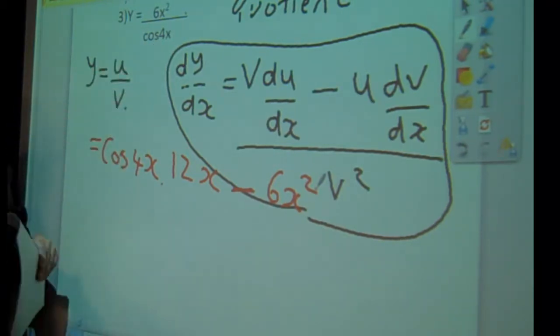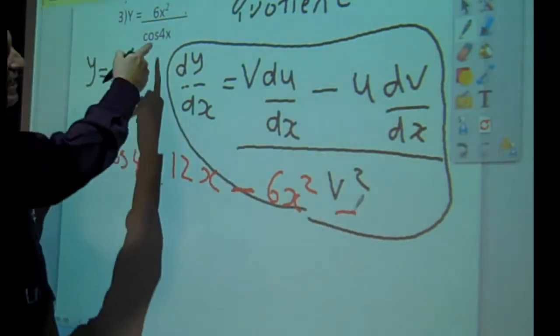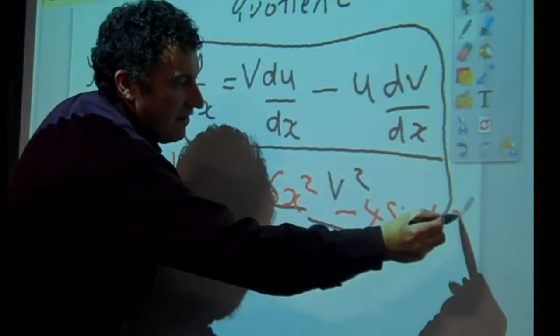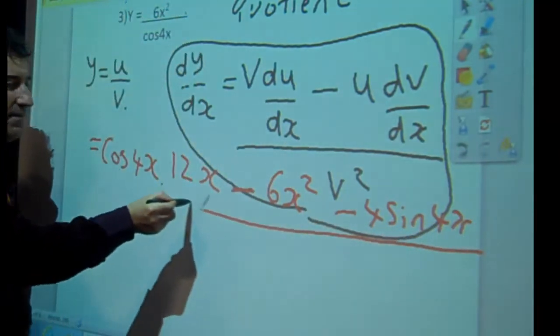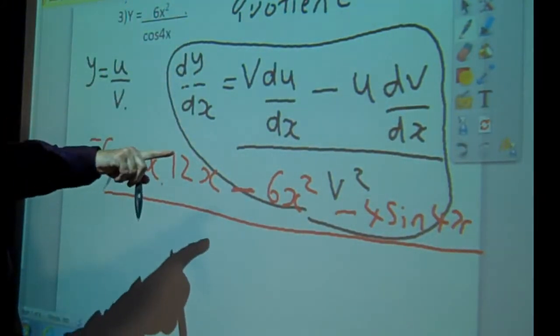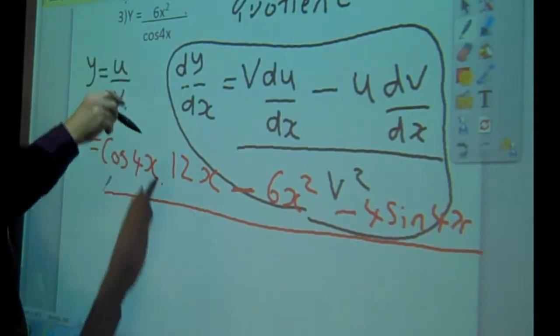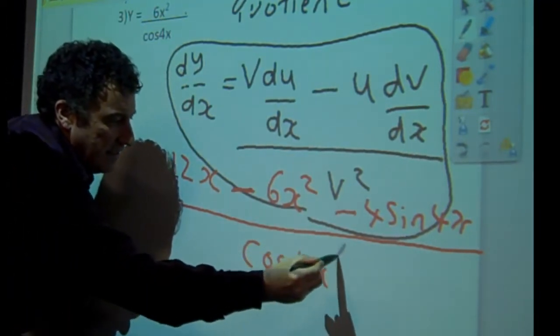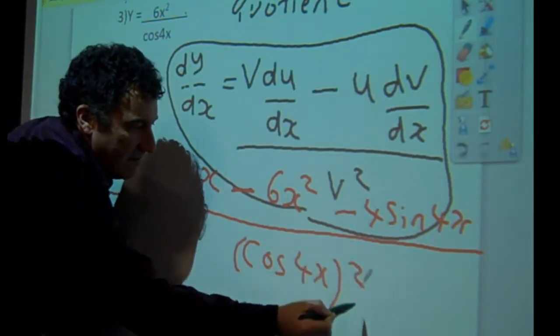So we're actually going to get minus 4 sin 4x divided by the bottom there, which is this one. We square that. So what we can do is literally just encapsulate that in a bracket and square it.